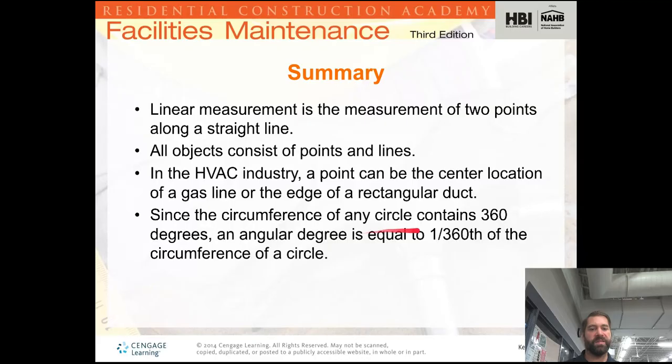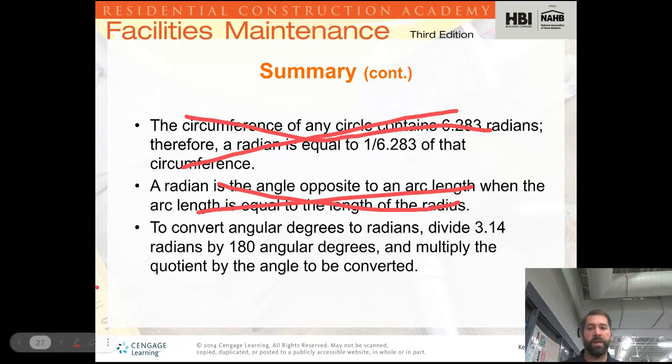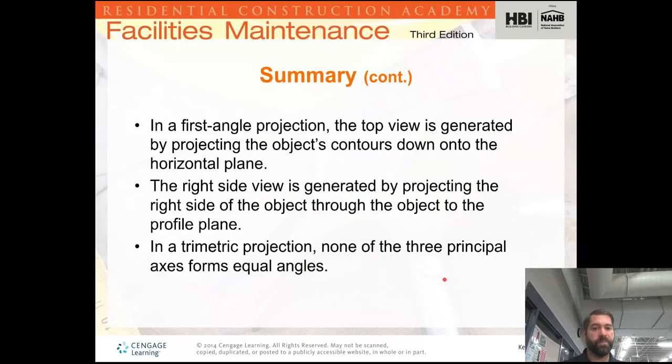Since the circumference of any circle contains 360 degrees, an angular degree is equivalent to 1/360th of the circumference of a circle. Don't worry about those. The circumference of any circle contains too much math. A radian, don't like that word. Too much math.